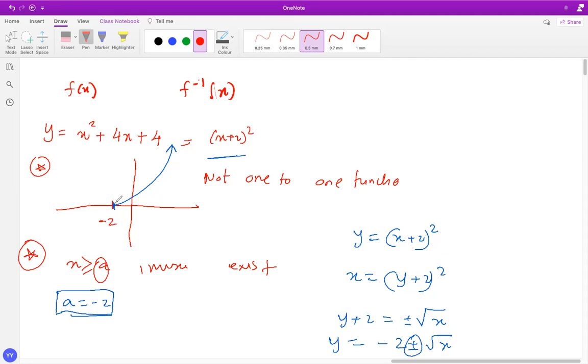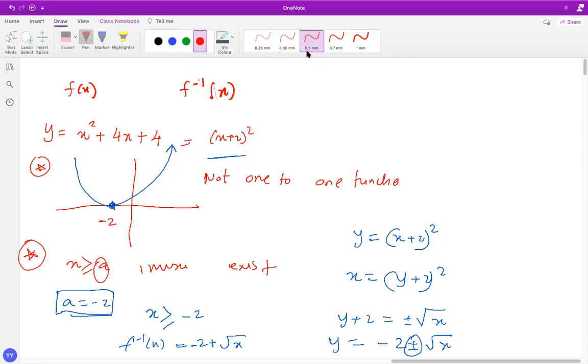Remember that if you retain the right side of the vertex, so x more than or equal to -2, you take the positive sign. So your inverse function will be -2 plus root x. While if we had taken the other side of the graph, then it will be -2 minus root x, so we take the minus out of the plus or minus.